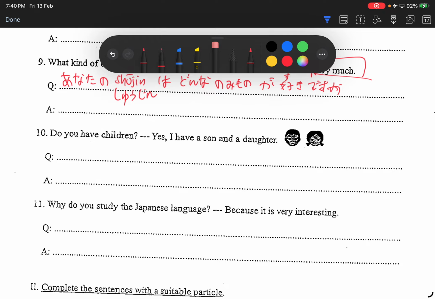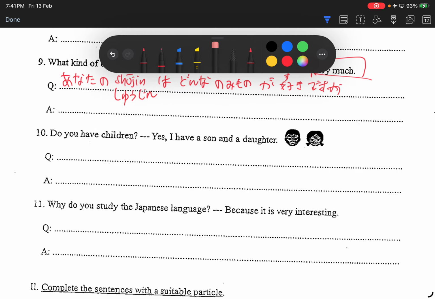Yes, I have a son and a daughter. はい。息子と娘がいます。Why not use お子さん? お子さん is child, one only. This is son and daughter, so they have their own respective calling. 息子 means son, 娘 means daughter.